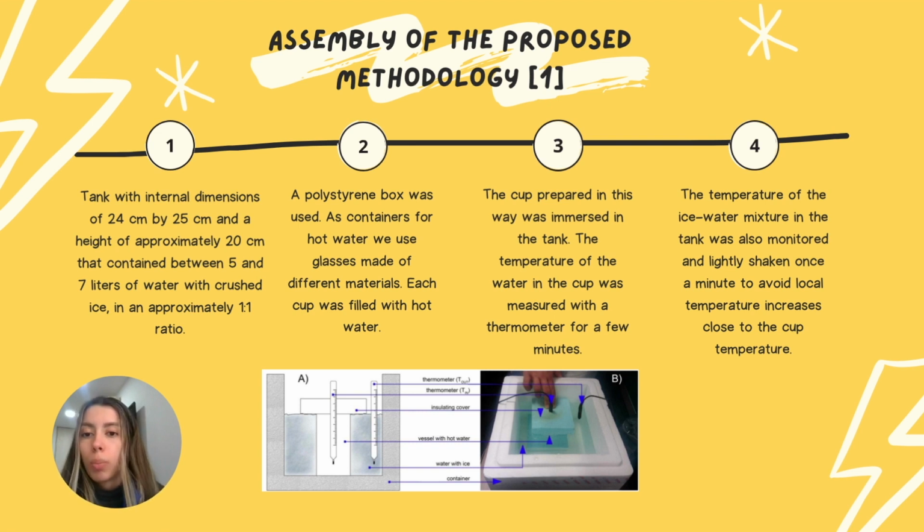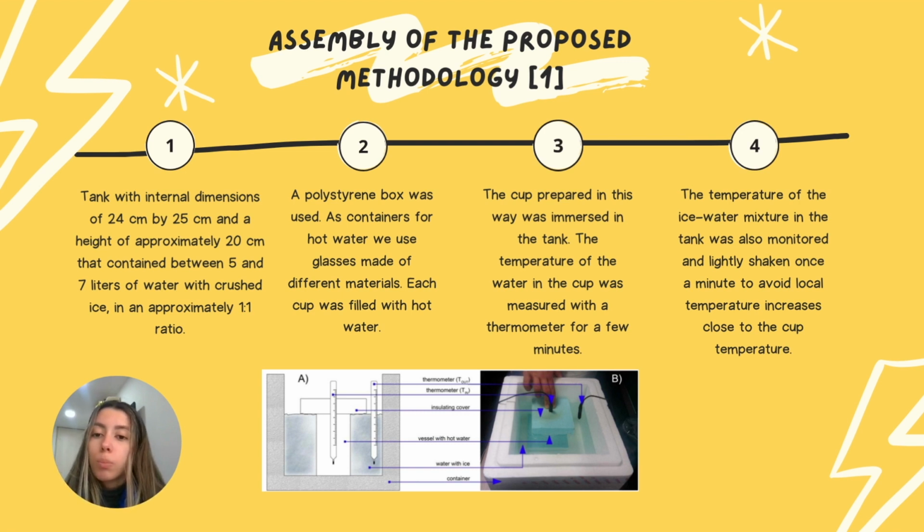The methodology that we proposed: first, we have a tank with internal dimensions of 24 centimeters by 25 centimeters and a height of approximately 20 centimeters that contains between 5 and 7 liters of water with crushed ice. Then a polystyrene box was used as a container for hot water.